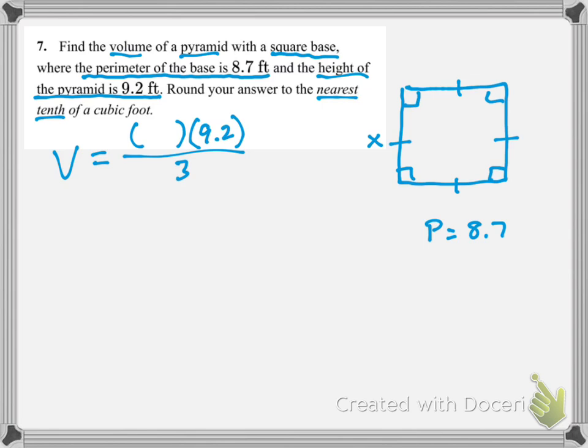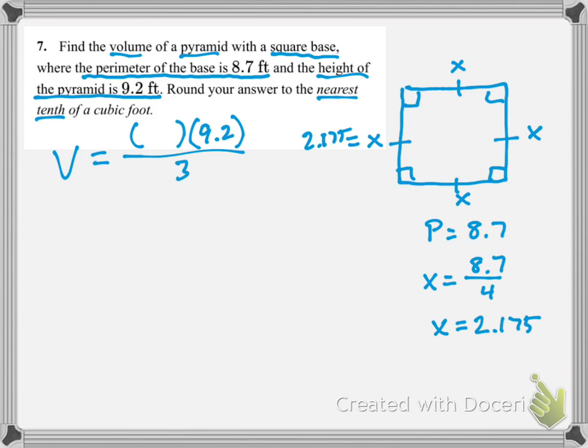However, it's a square, so they're all x. To find one side, I would just do 8.7 divided by 4, because there are 4 sides, but they're all the same length. So 8.7 divided by 4 is 2.175.